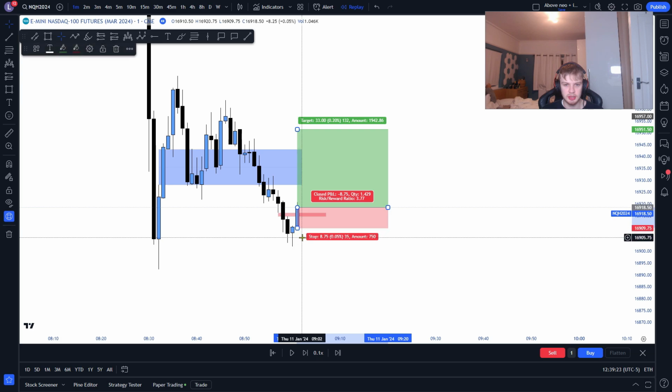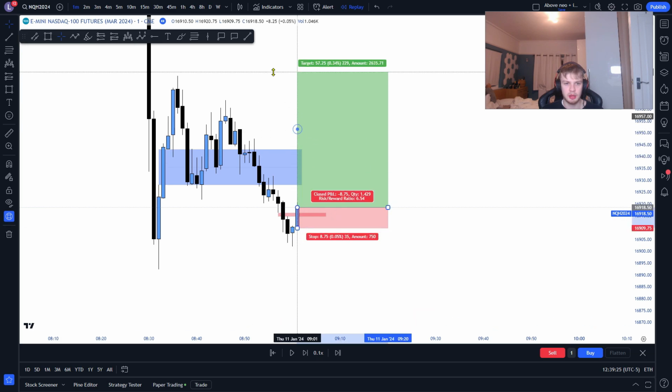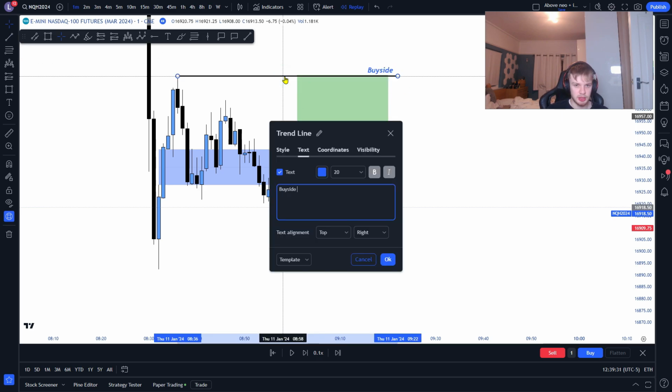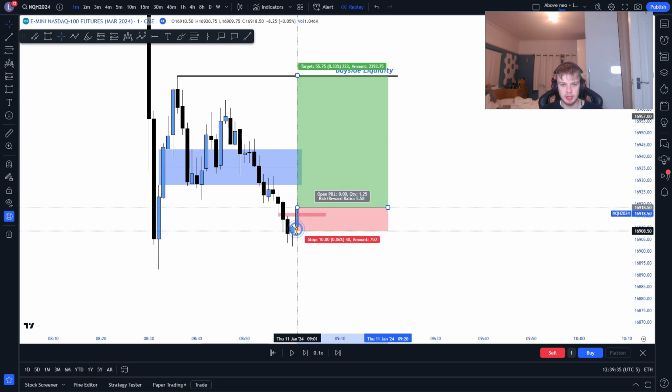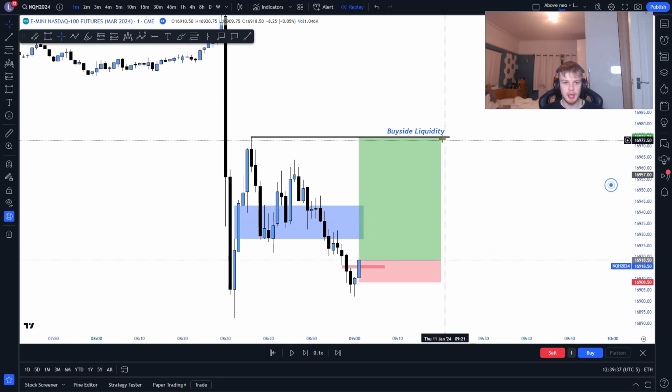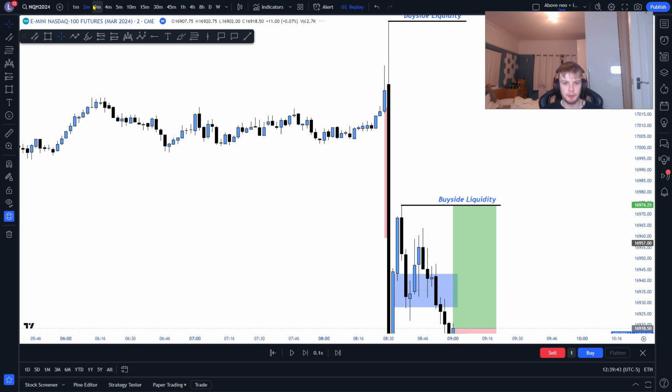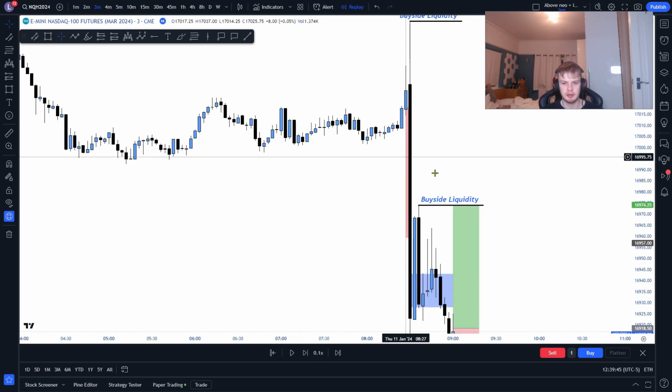I only targeted this buy side liquidity right here. Now, the reason why I only targeted this buy side right here is because we have this big 1 minute bearish fair value gap, which is also a bearish fair value gap on lots of different time frames.